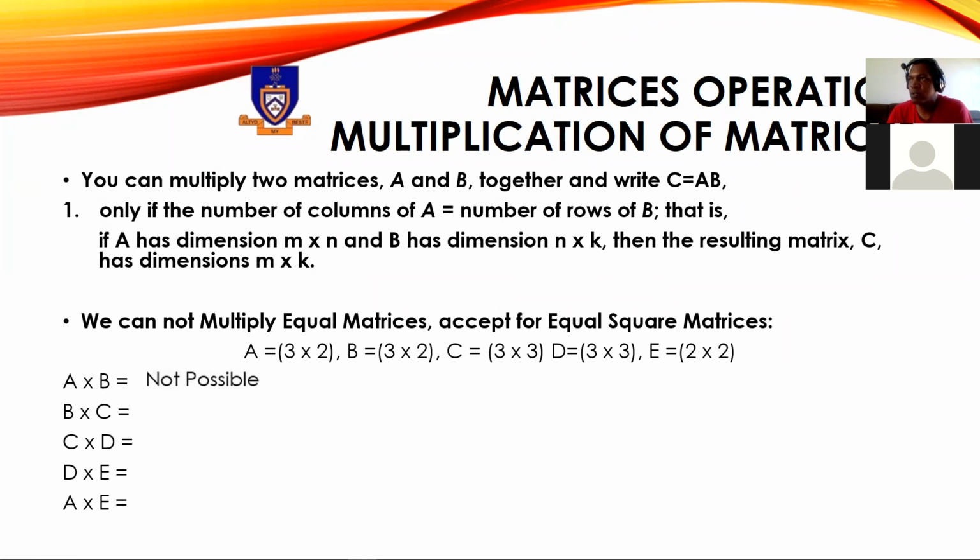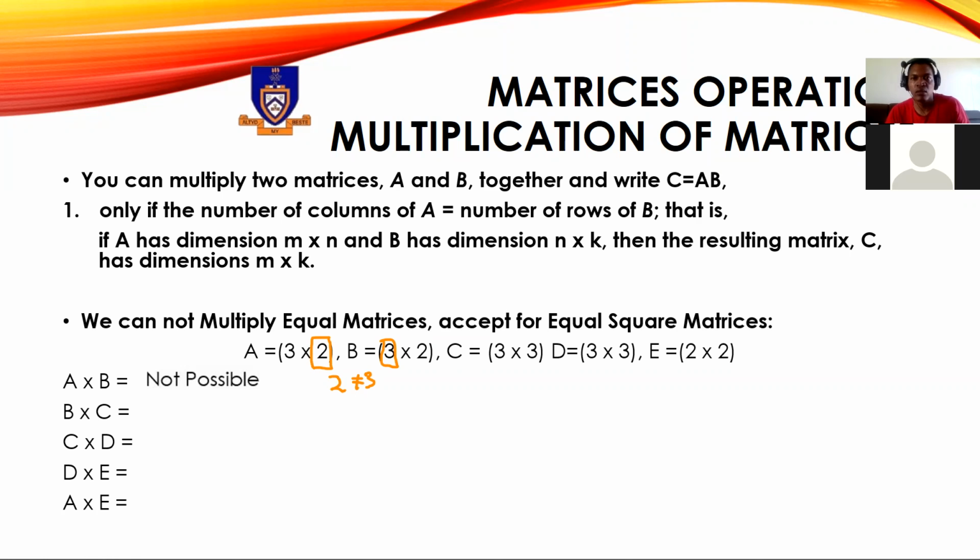We look at the column of A, if it's A and B, and we look at the row of B, and we notice that 2 is not equal to 3. So if it's not equal, we cannot multiply.